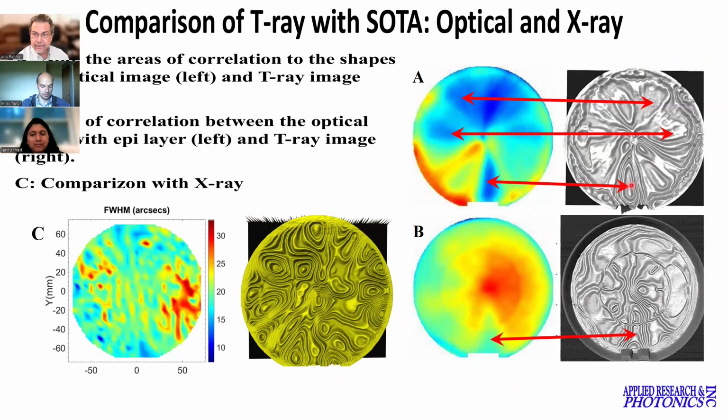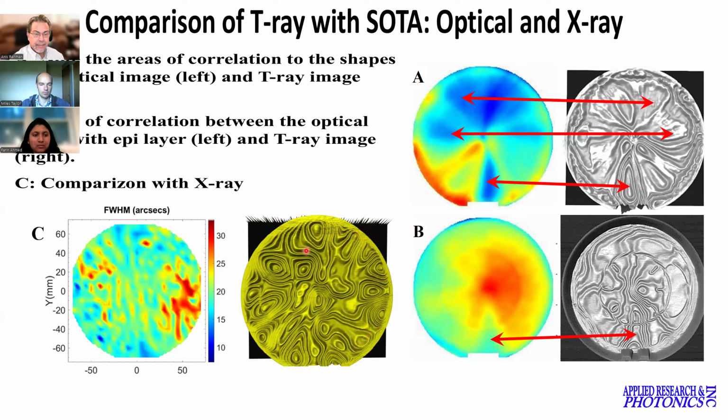However, some correlation is there. You see this shape here is there, except a lot more details are seen by T-ray. This thing over here, since this is a mirror reflection, is on the other side, it is there, but this is the best all the modern techniques can do. We also compared with X-ray, the same identical wafer, and you cannot see much either.